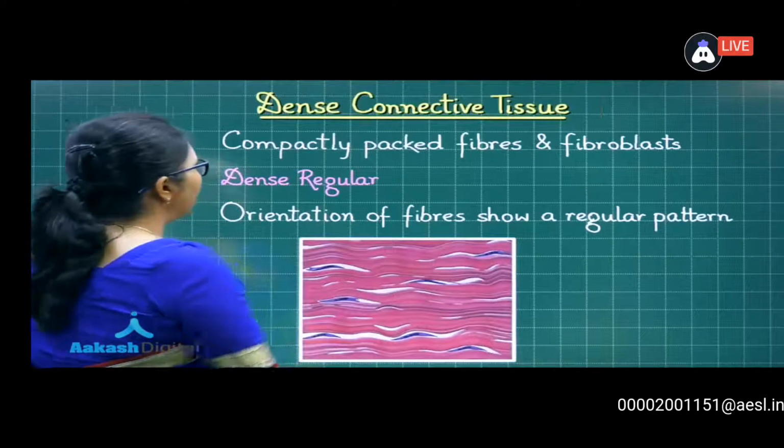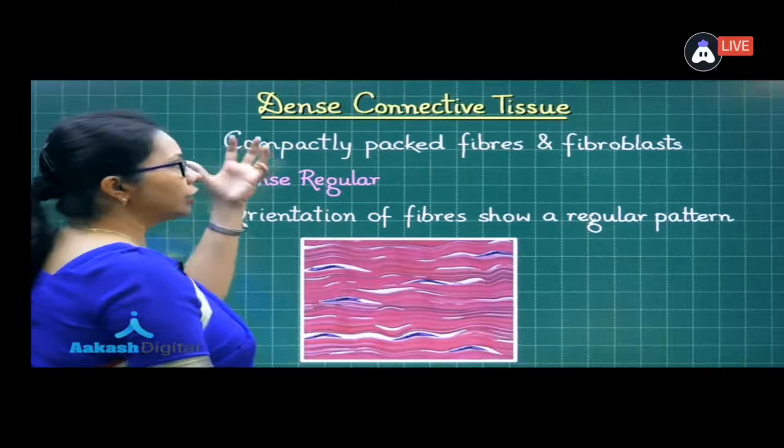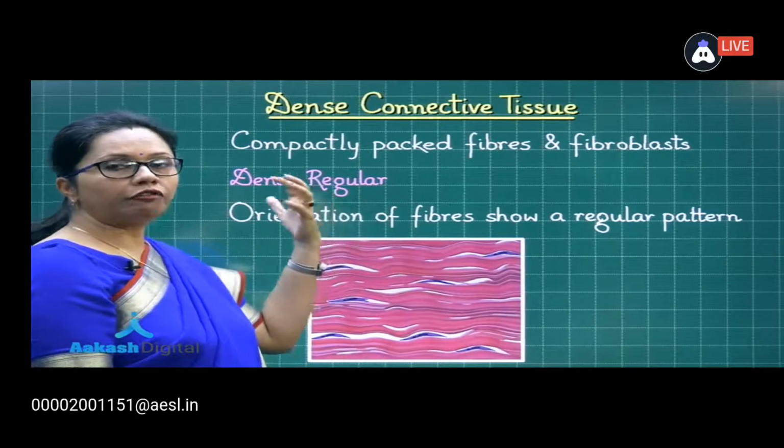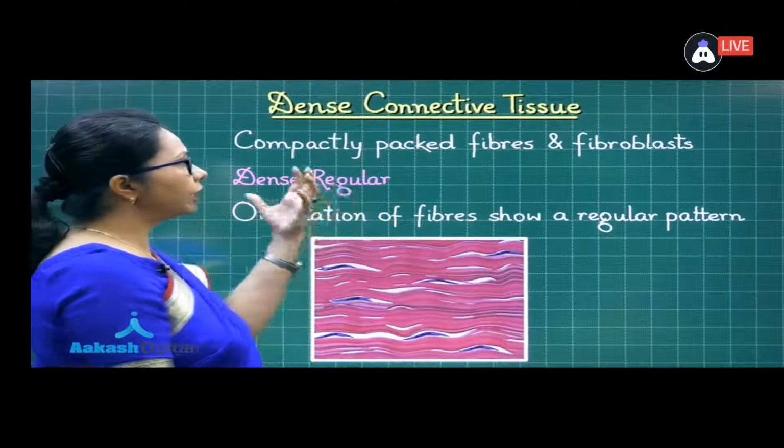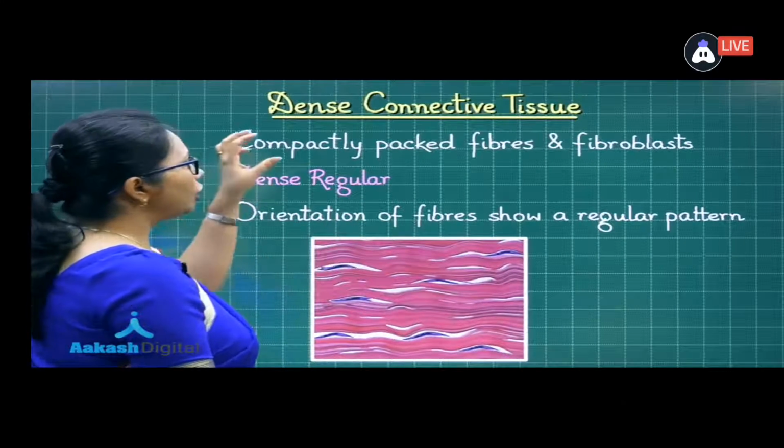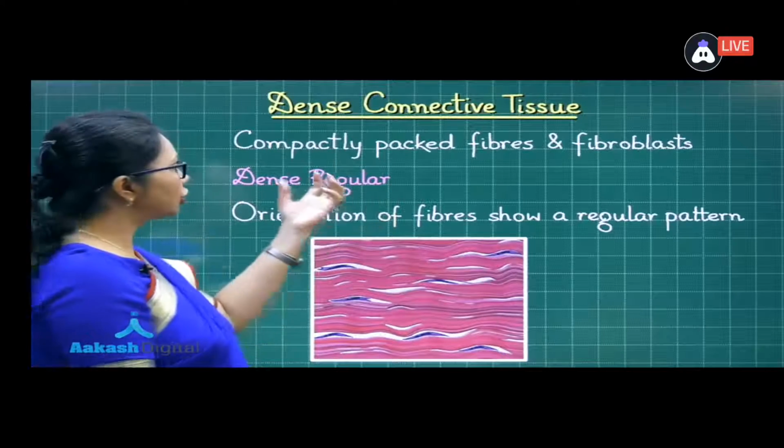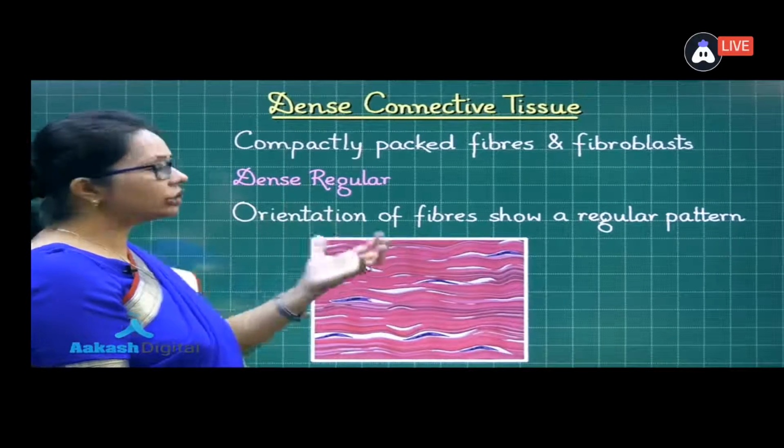Now here, since there are fibers, certainly fiber-secreting cells will also be there, that is fibroblasts. Now on the basis of the arrangement of the fibers, it could be dense regular or dense irregular.